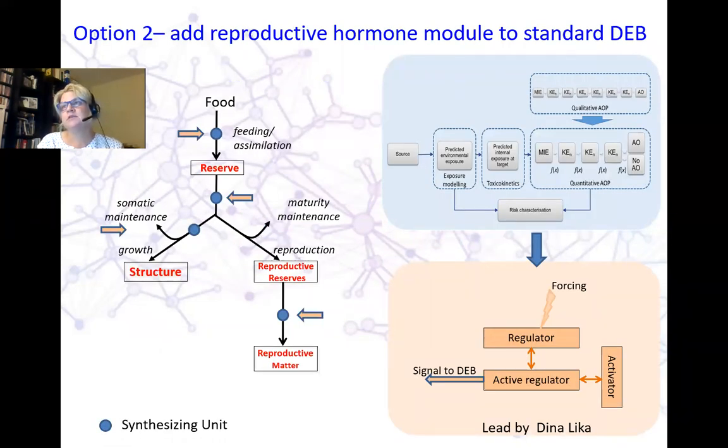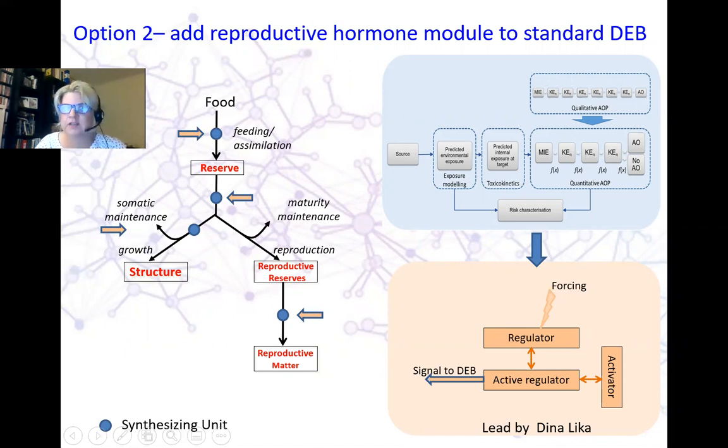The second option was to add a reproductive hormone module to the standard DEB. So basically we're taking our quantitative AOP and then collapsing it down into something simpler with a regulator and activator. And we have that signal that goes into the synthesizing unit of the DEB to predict the reproductive matter, right?